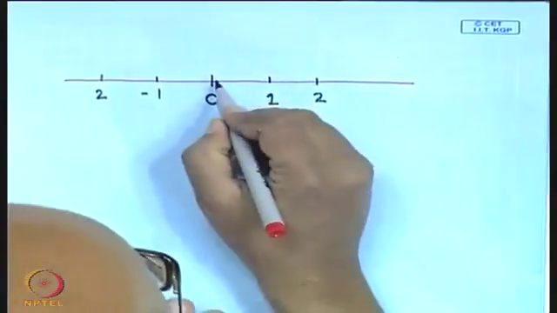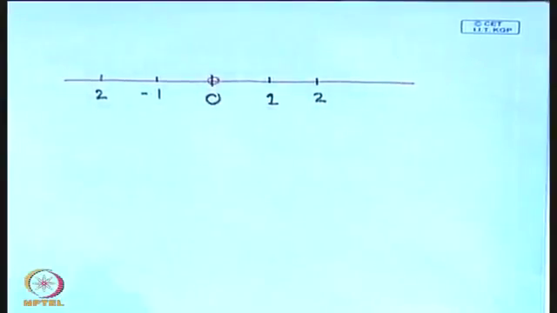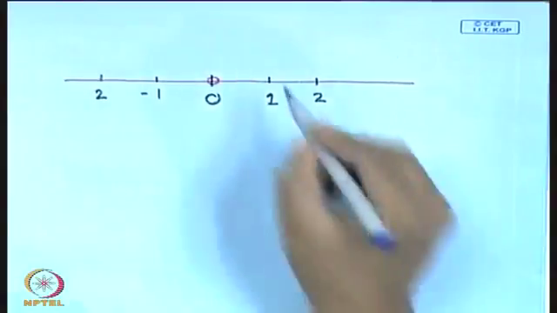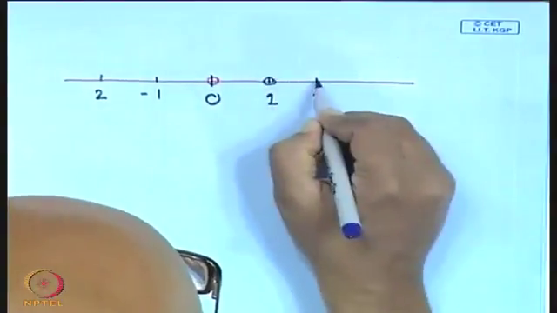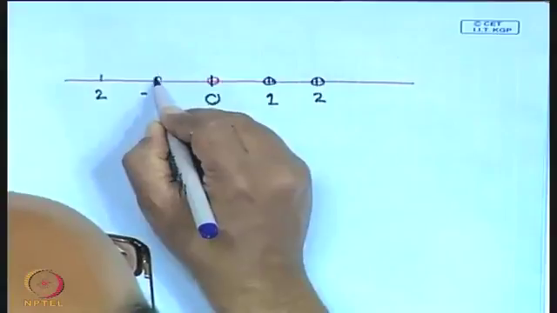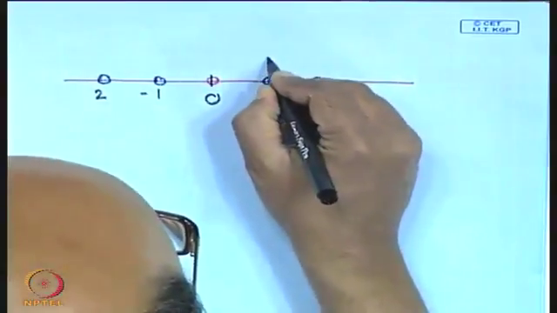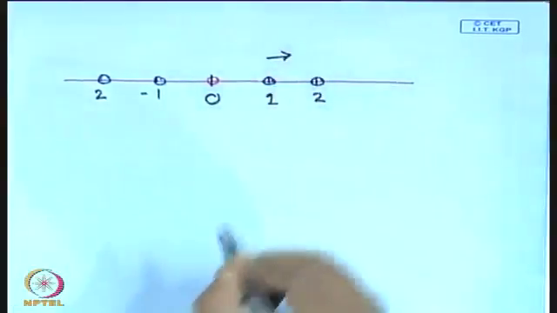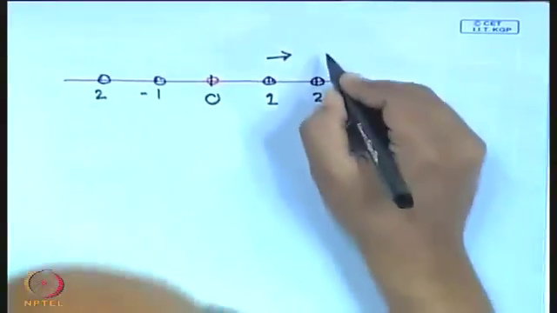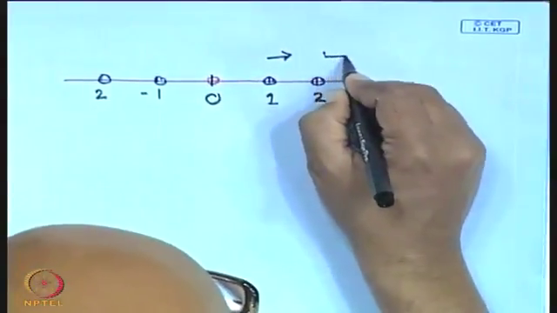I am sitting on a galaxy located here, and there is a galaxy located a distance 1 away and a galaxy a distance 2 away, etc. And sitting here I observe that this galaxy is moving away with a speed which is 1 times h naught. This galaxy will be moving away from me with twice the speed because the distance is more.